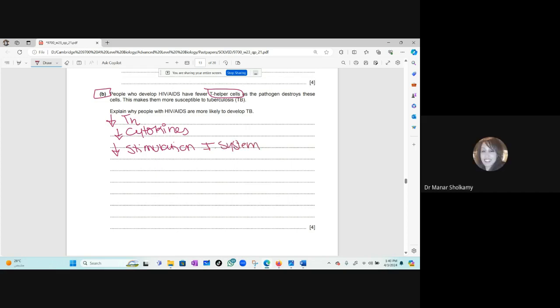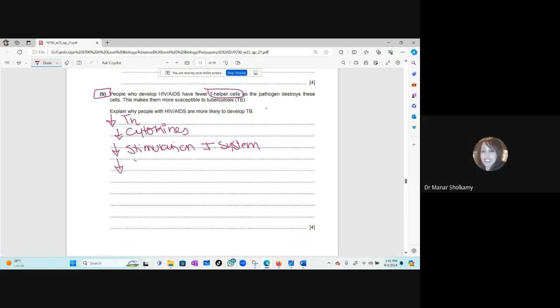When the immune system is not stimulated, what normally happens when it is stimulated? When it is stimulated, the B lymphocytes differentiate to plasma cells that produce... Stop here. Before the differentiation, we have two steps that happen: clonal selection and clonal expansion. This is going to be affected.